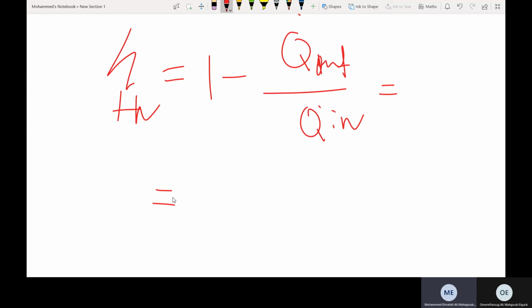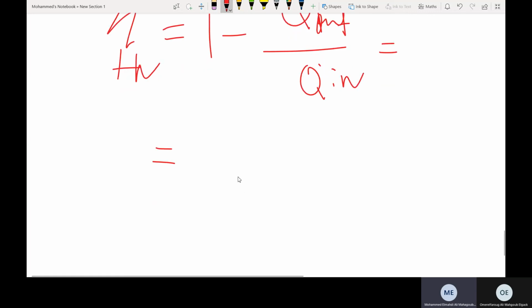I believe this equation does depend on the pressure ratio and also the temperatures, the temperature bounds of the cycle. Just look it up. It should be in your book, I guess. But let me see here if I have the equation noted down.